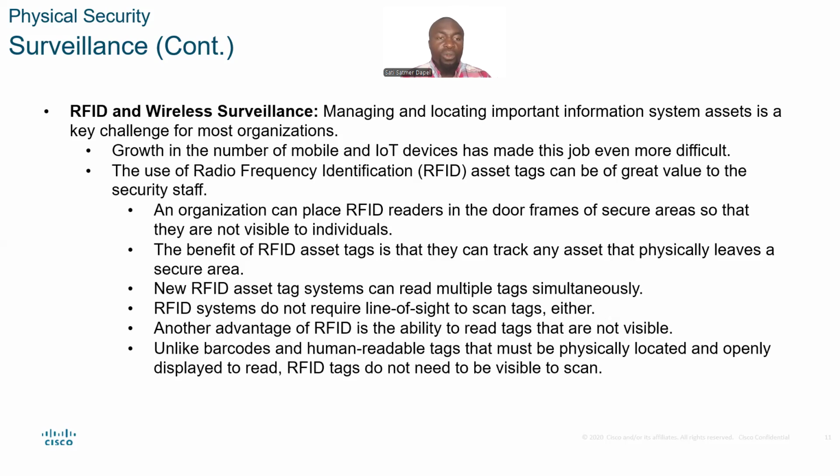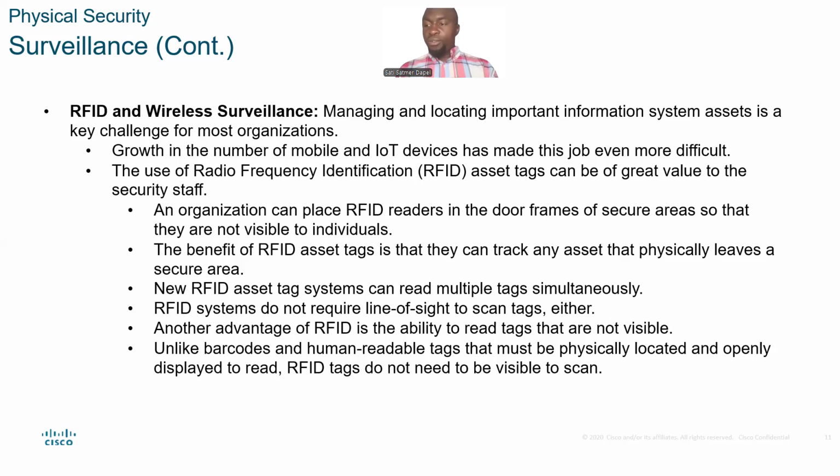Okay, so managing and locating important information system assets is a key challenge for most organizations. The growth in the number of mobile and IoT devices has made this job even more difficult. So the use of radio frequency identification asset tags can be of great value to the security staff.